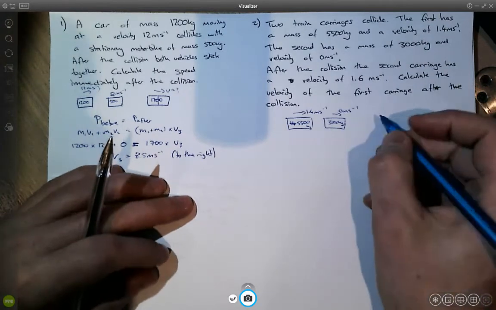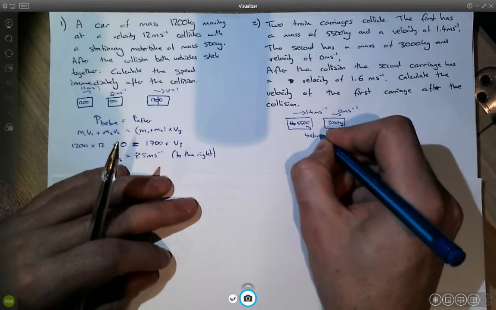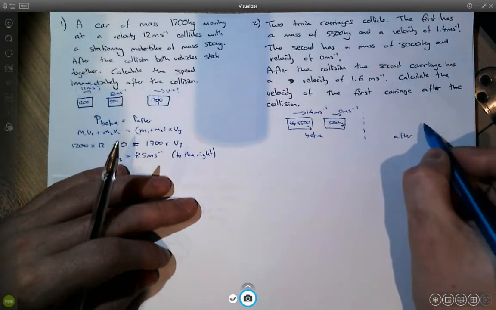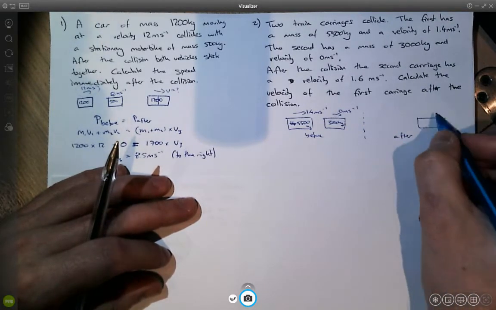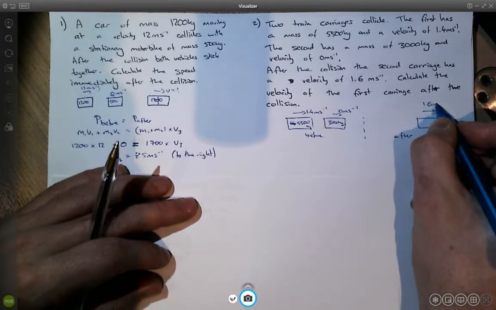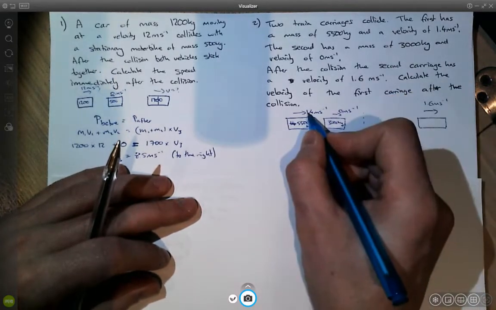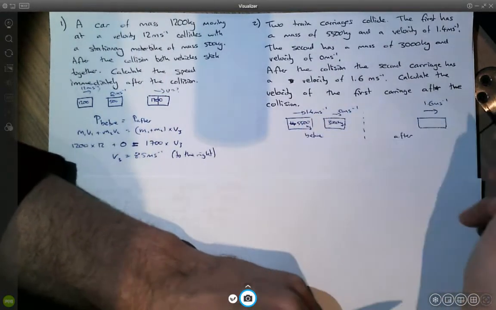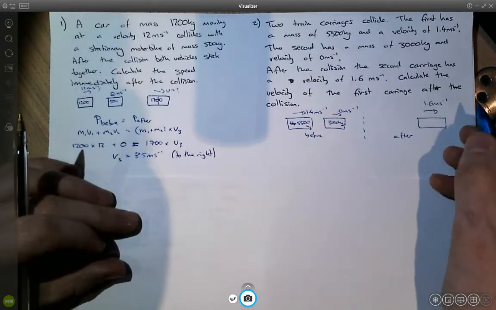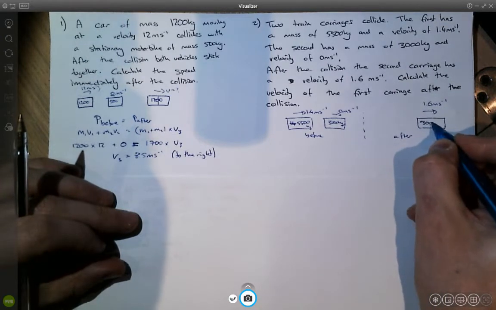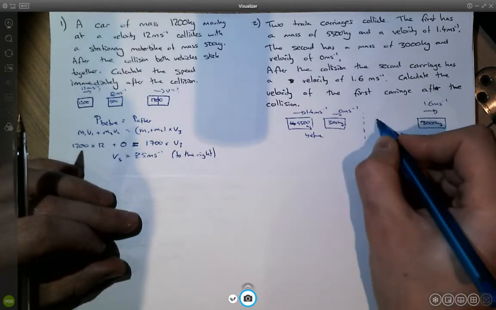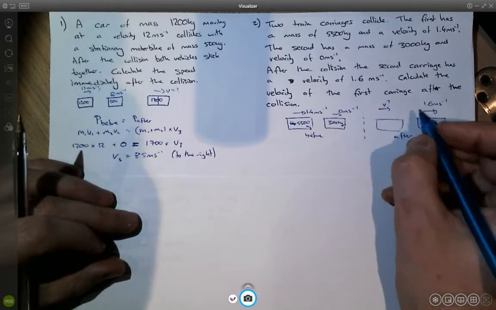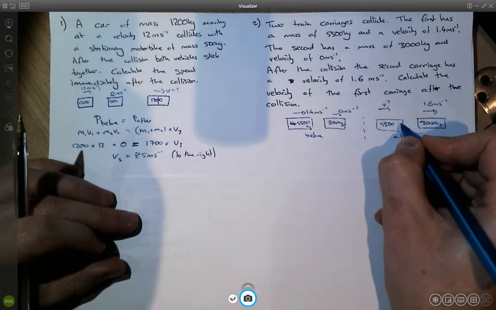After the collision, so this is before, this is after, the second carriage has a velocity of 1.6 meters per second, so it's positive, so it's going to be in the same direction as this. I mean, you could have done everything going left, but I just do everything going right. Habit. 3,000 kilograms, and then the first carriage, we're trying to find its velocity, and its mass obviously hasn't changed.